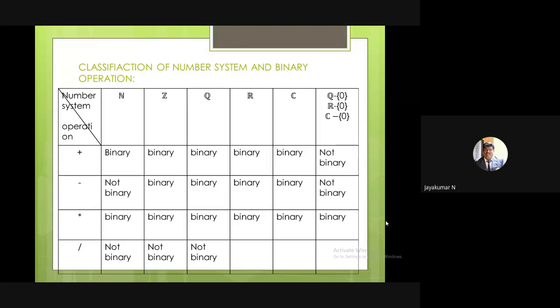Try to think about the example. Every time I told you, try to prove not binary. That means try to find the number which does not belong to Q. Sanjay, you gave the example that division is applicable in Q. If you choose any two numbers and just divide, you will get a rational number again.